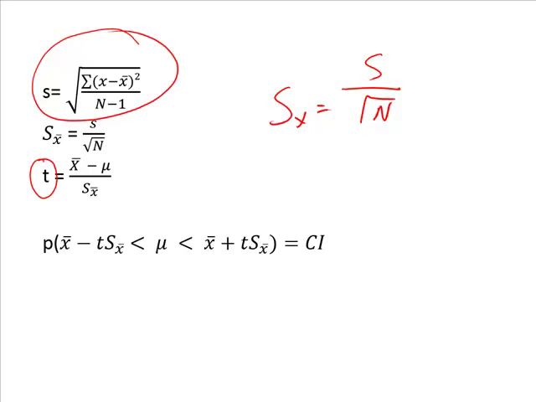And when I say I didn't have to do this thing, how many times would I have to take x minus x bar? 30. If I gave you a data set of 30 numbers and I didn't give you S, you would have to build it by a nice long sheet of paper and writing all the numbers down, and then you find the mean, which we know is 79, and then subtracting them, and then squaring that, and then adding up those 30 numbers. You guys don't want to do that, right? Why don't you want to do that? It's too much work.